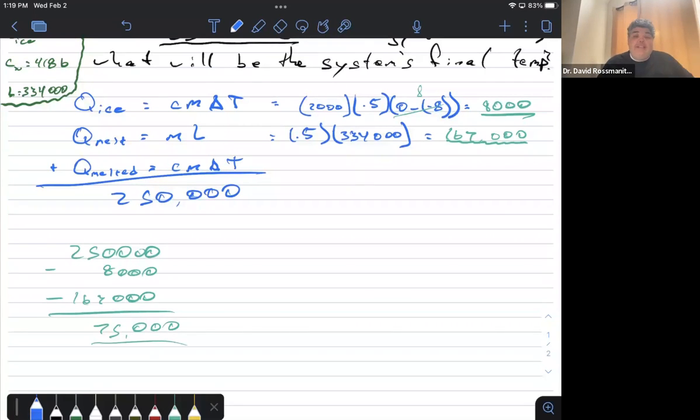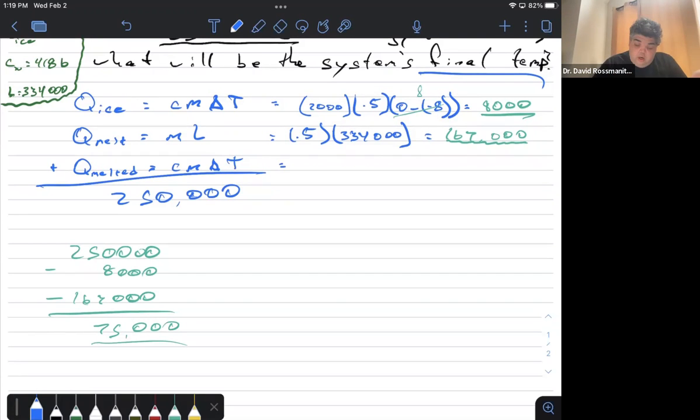So the last step is the harder one. Look, I don't know what this final temperature is. That's what I want to try to find out, right? That's what the question's saying. What's the final temp? So in this last step, I'm going to have the melted ice, which is water, starting at 0 degrees, and I'm going to let it heat up until it's used up all the last bit of energy, which is the 75,000 that's left. So I'm going to say C for the melted ice. Remember, once you've melted the ice, it's not ice anymore.